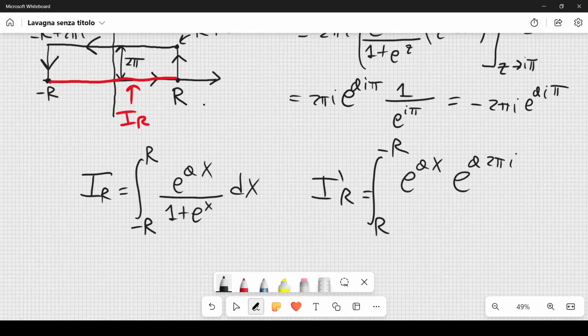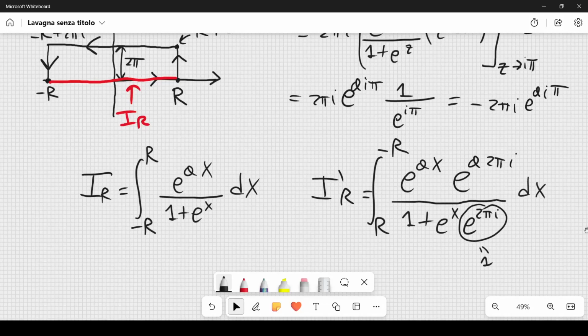So we can write it like this, and then we divide by 1 plus e to the x times e to the 2πi, but e to the 2πi is of course equal to 1. And then here we have dx.